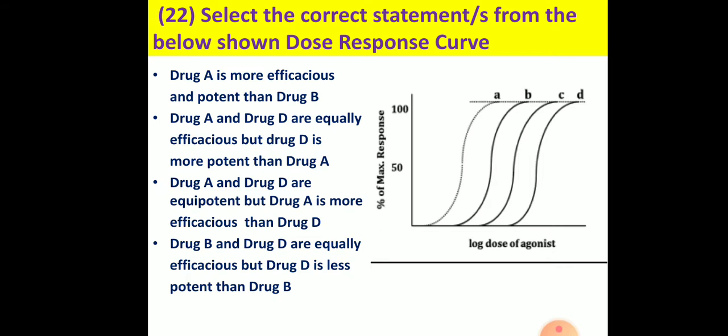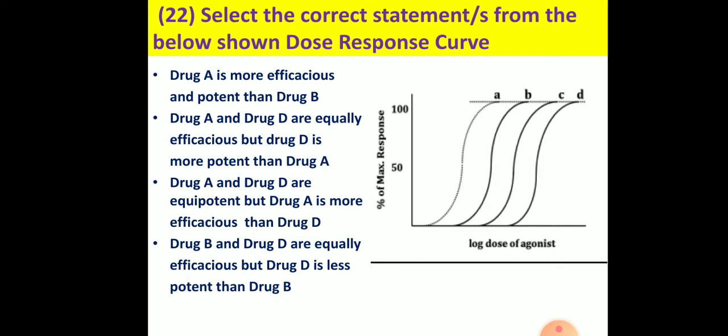Now for producing the same action, if the amount of the drug required is less, then the drug is considered to be more potent. So the more the graph is on the left side, the more potent the drug.